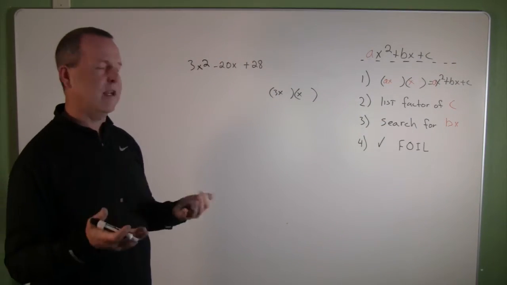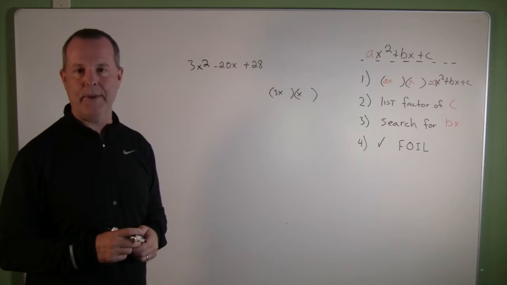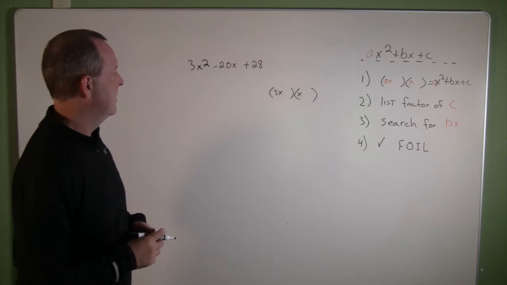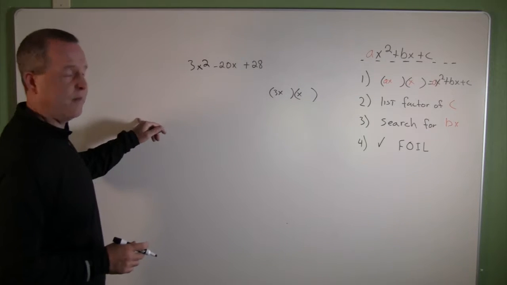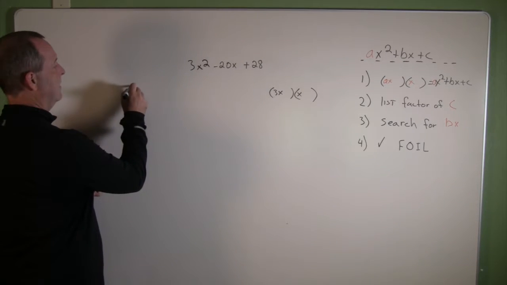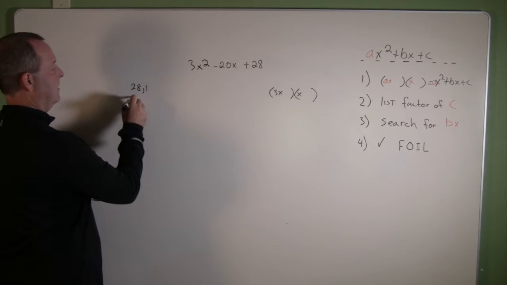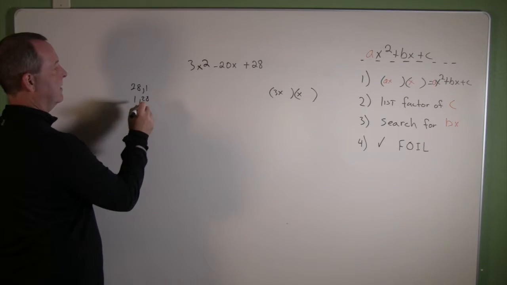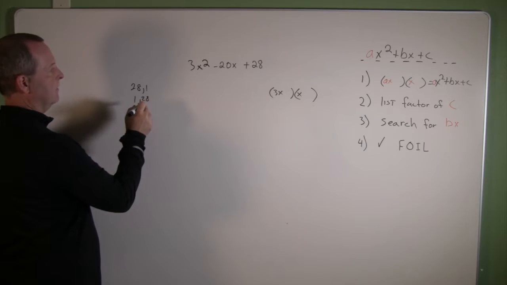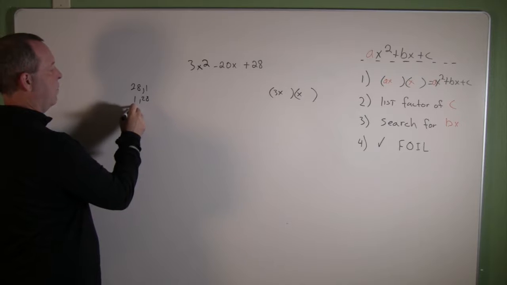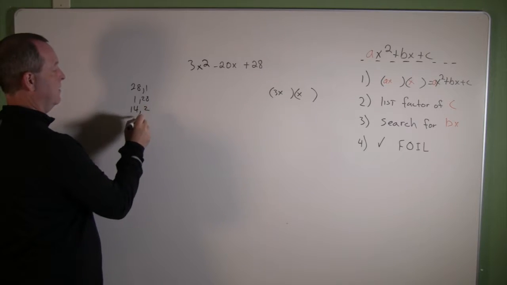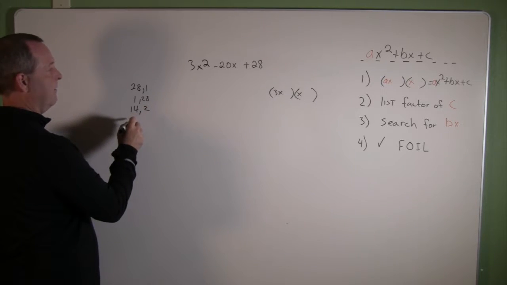Here I want to develop a good system on my paper to help make sense of this. Over here on a different part of scratch paper, 28. That's a 28 and a 1, a 14 and a 2, a 7 and a 4.